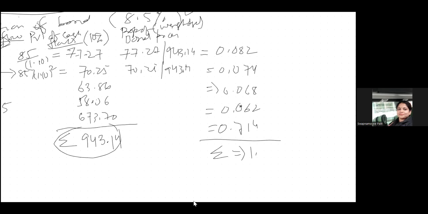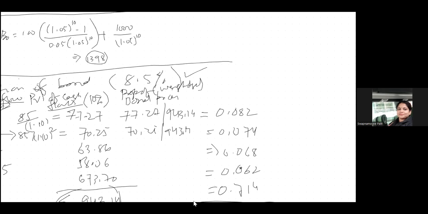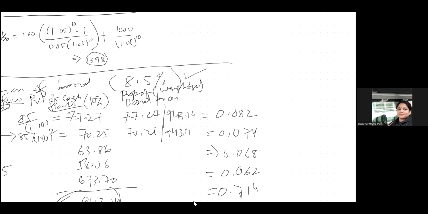Okay. Now, the last step: this is column 4, and this is columns 1, 2, 3. What you are going to do here is column 4 into time. Multiply with each time period, because you are giving the weightage to the time period of the flow.